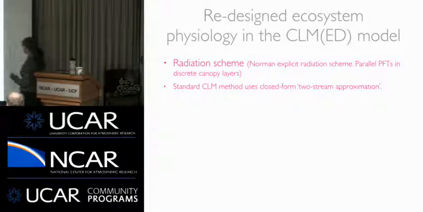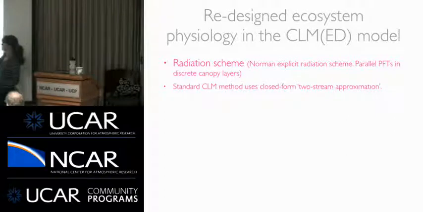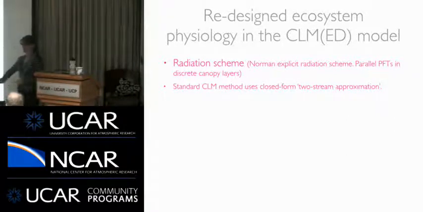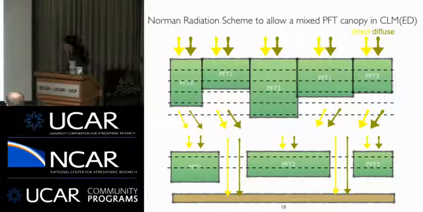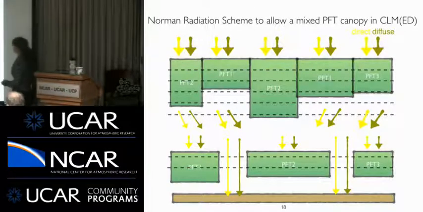One of the main things we've done is change the radiation scheme, which is how the plants intercept light. The standard CLM method uses a closed form approximation for this, called the two-stream approximation, which is, I believe, common to the atmosphere model as well. But the two-stream approximation has lots of assumptions which didn't fit our new representation of the world. Our new representation basically means we have to have different plant functional types living on top of each other.